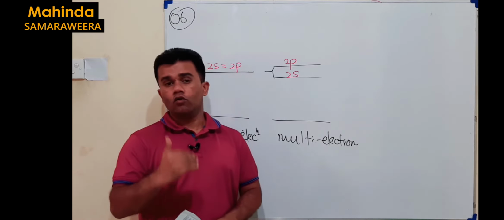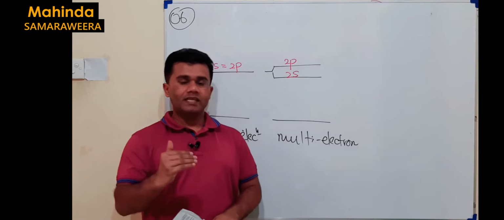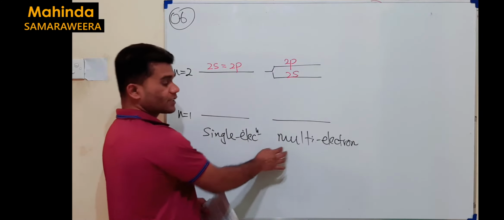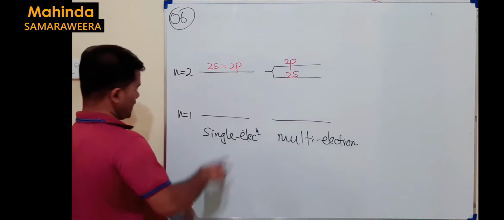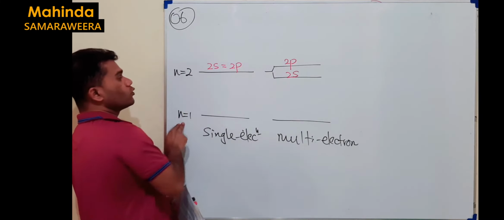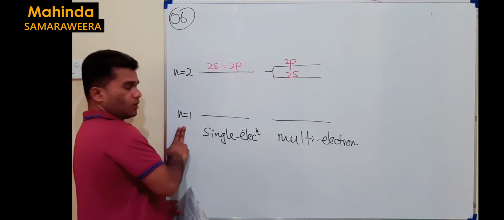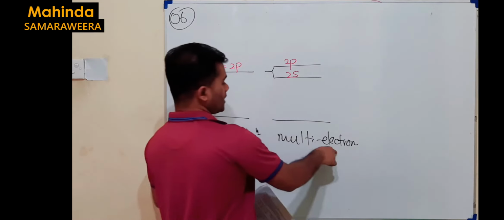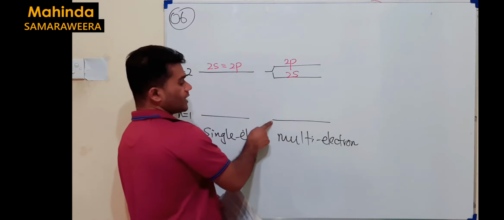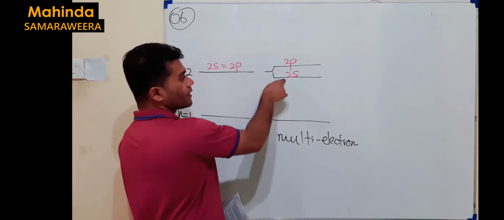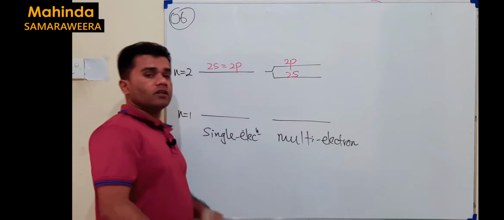S is lower than P. P is lower than D, like that. So here you can see that the energy of the electron varies according to principal quantum number only, because it's just the main energy level. But when you go to a multi-electron atom, the energy varies according to principal quantum number and, other than that, according to azimuthal quantum number.